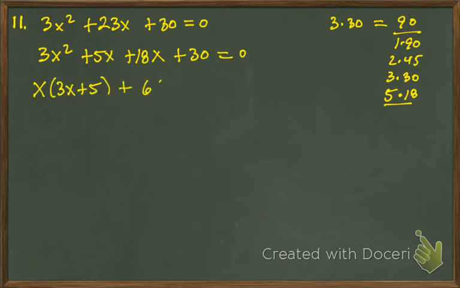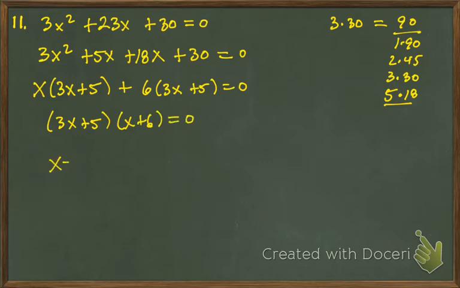So we're going to do a factor by grouping, and then the 6 out of the second. And then we got matching factors of 3x plus 5, so we'll factor those out, and then we're left with x plus 6. And then we'll go ahead and set each factor equal to 0, so we get x is equal to negative 5/3, or x is equal to negative 6. Okay?